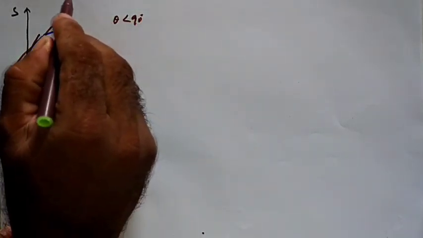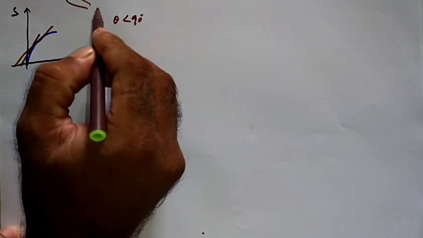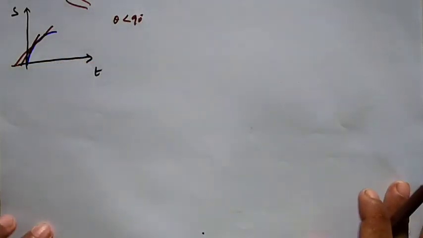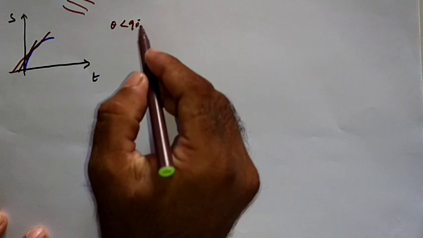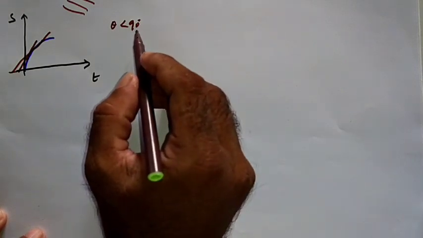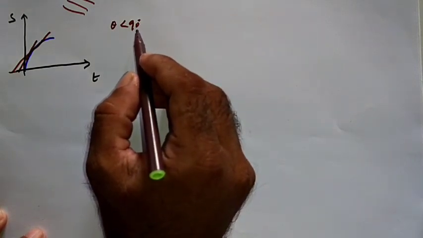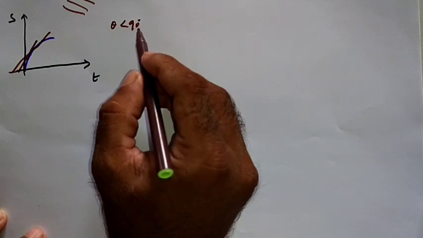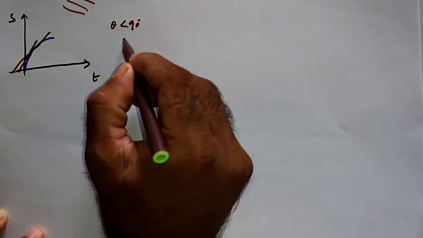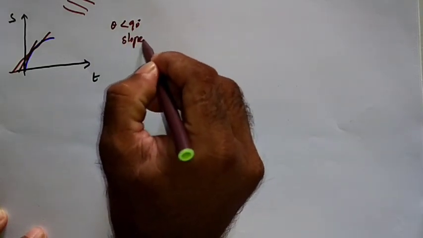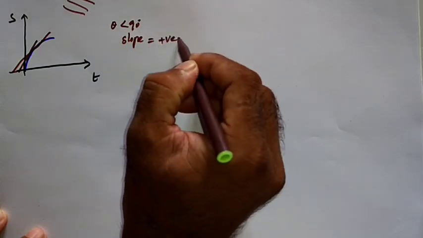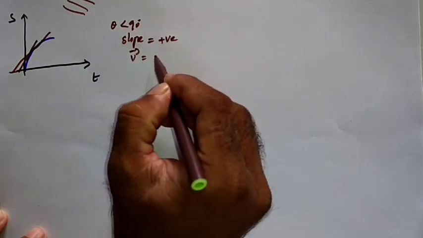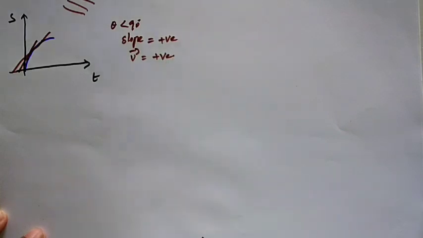If you draw in this way, theta will be greater than 90. So in this case, theta is less than 90. Theta less than 90 means what? Very good. Slope is positive. Slope positive means velocity also positive.